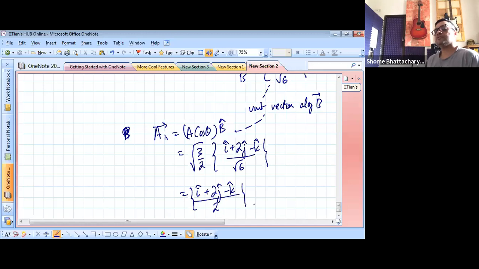Correct? Or you can write this as I cap by 2 plus j cap minus k cap by 2, both of which are correct ways of expressing it. So this becomes a component of A, which is parallel to B.